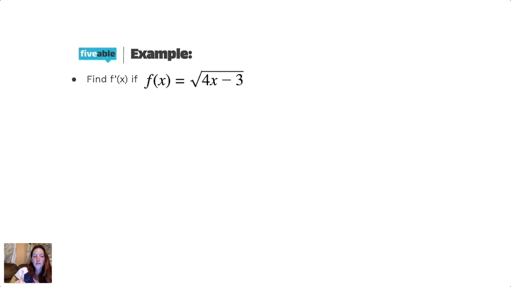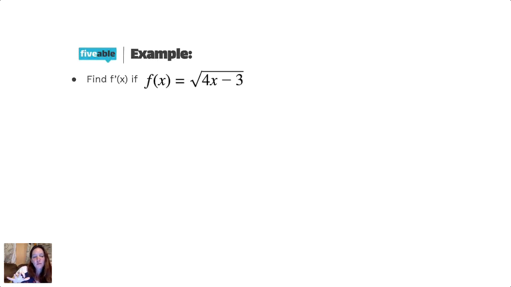So the first thing that you want to do is identify what's the outside function and what's the inside function, okay? Sometimes we like to give you ones where it looks a little bit different. We try to mess with you a little bit, but this is very simple. The outside function is that square root.